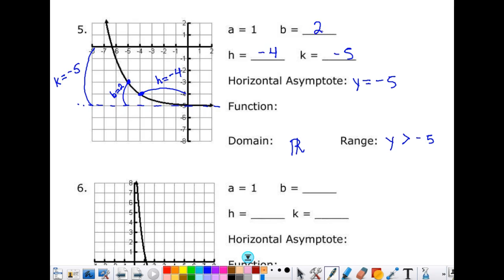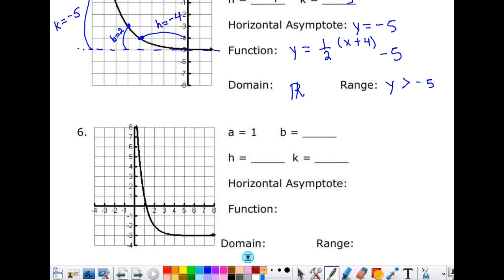All righty, now we can write it. Y equals, but this is decay, so we're going to use a half. 1 over 2 to the x plus 4 minus 5. Okay, we did that. I looked at the clock. I think we did that in about 1 minute and 15 seconds. That's with me taking a couple of pauses in there.